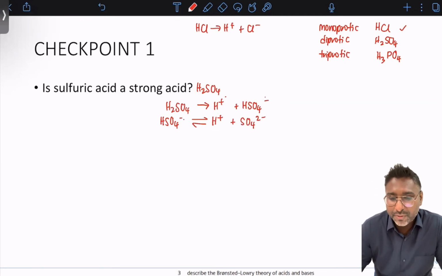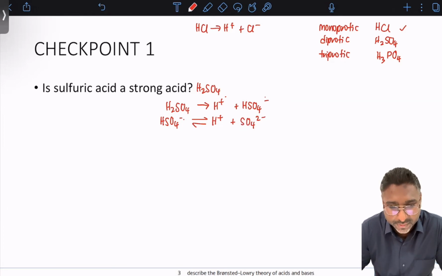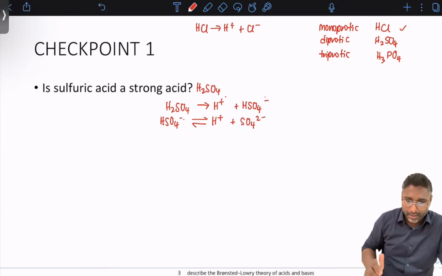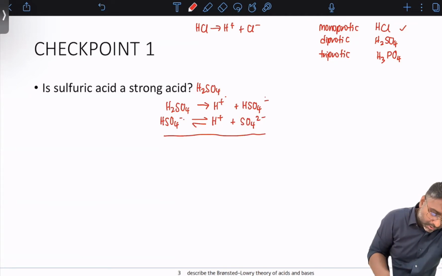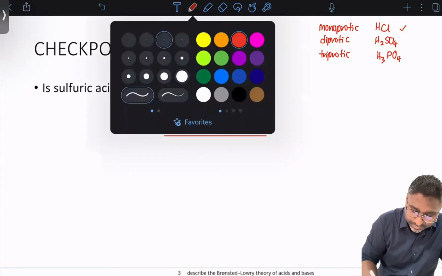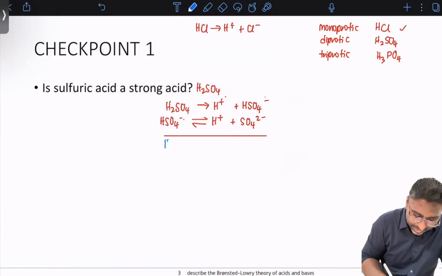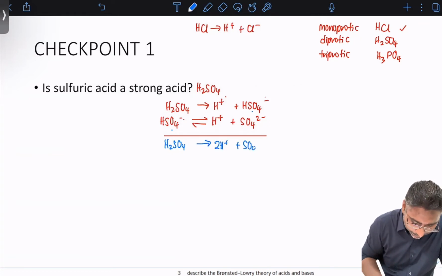The first equation is going to be straight, just a single reaction, but HSO4 minus can still form an equilibrium to give you H plus and SO4 2 minus. But overall, it's still considered to be a strong acid because for H2SO4, when you add this and this, it will cancel, so they are going to be written as this. I just want you to know.